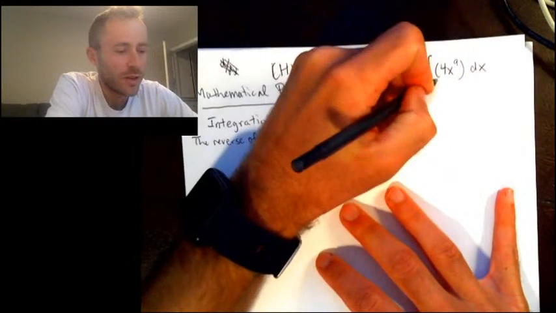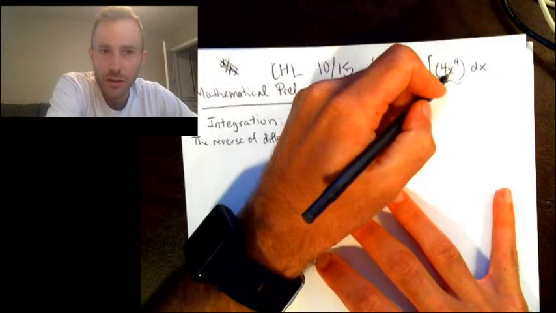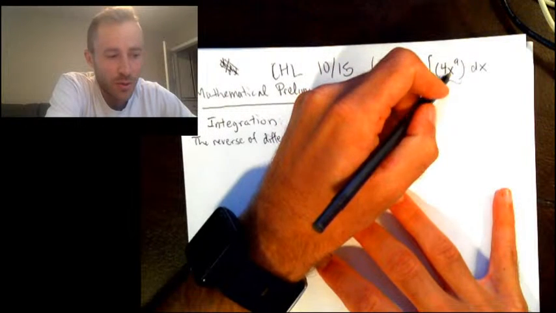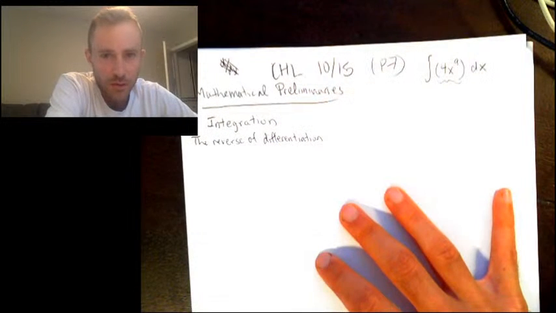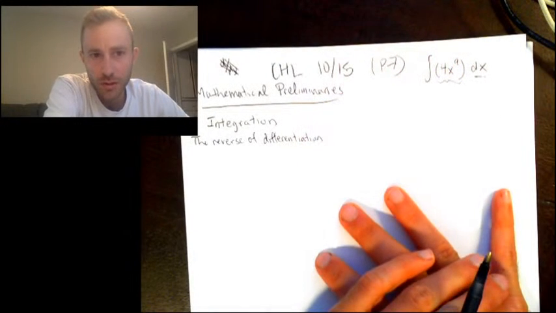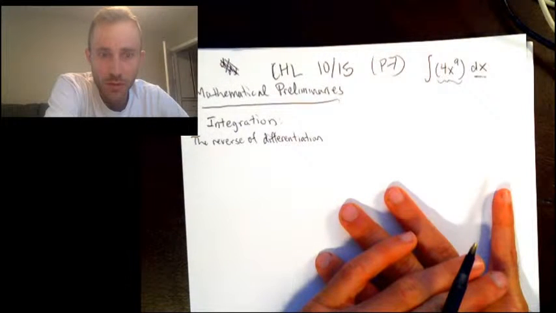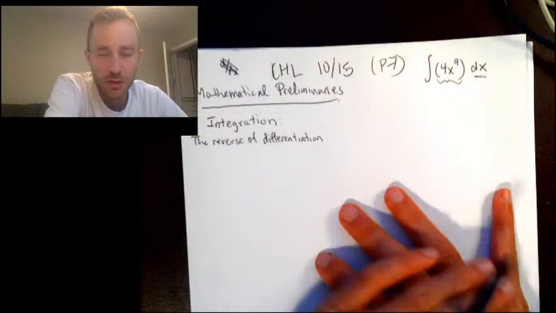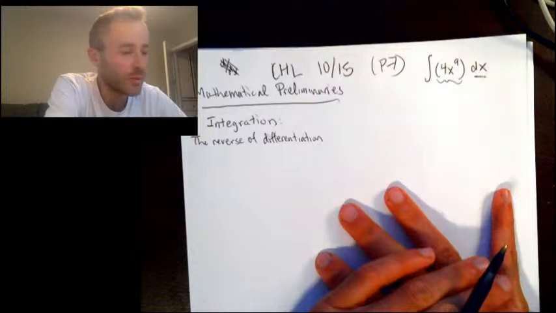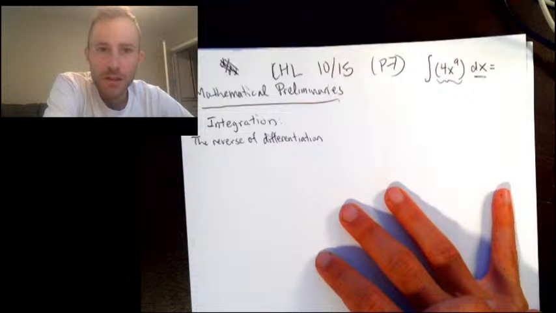This right here is the function that you are integrating, and it's a function of x. The dx tells us the variable that we are integrating with respect to. It's possible to have functions of more than one variable, so you need to specify which variable you're integrating with respect to.